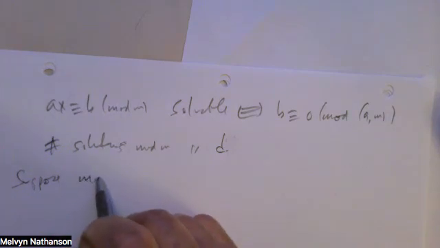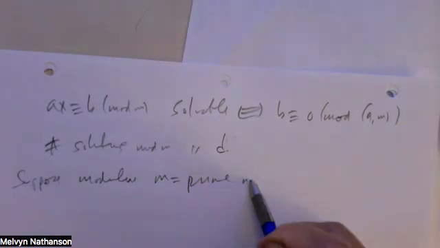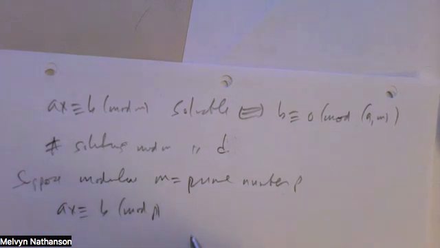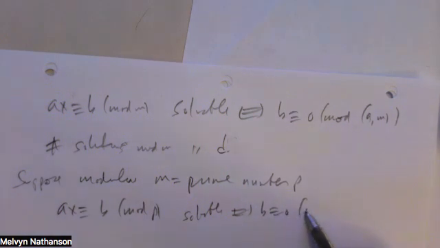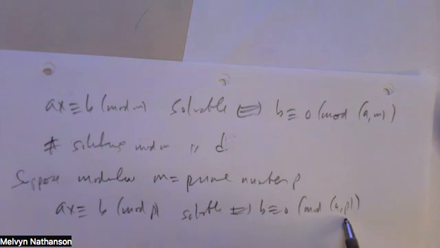Suppose the modulus m is chosen to be a prime number p. So we want to solve a congruence ax congruent to b mod p. This is solvable if and only if b is congruent to 0 modulo the greatest common divisor of a and p. Now, p is a prime. What are the numbers that divide a prime? Only itself and 1.